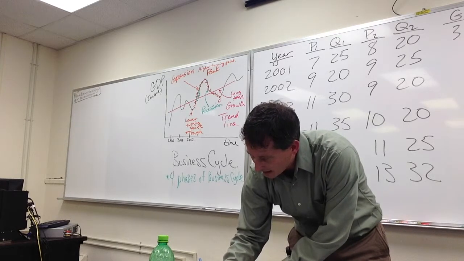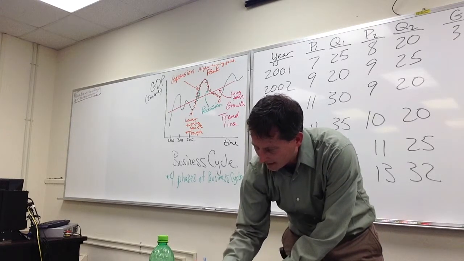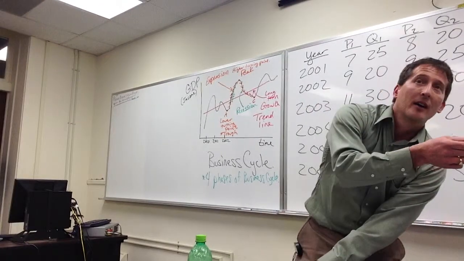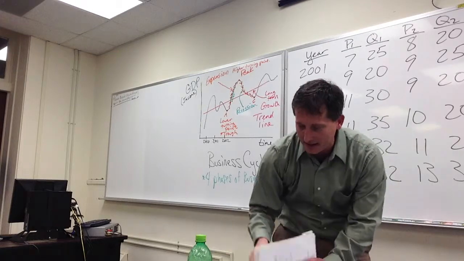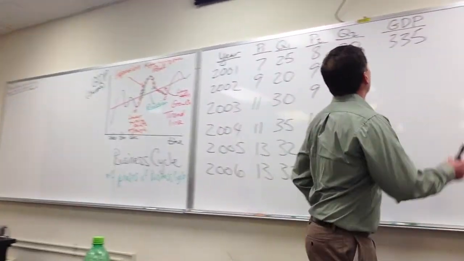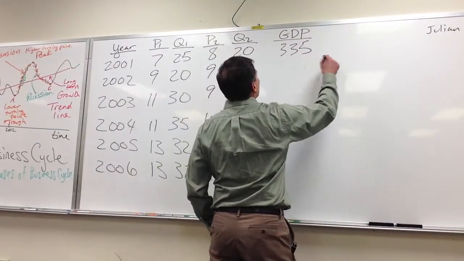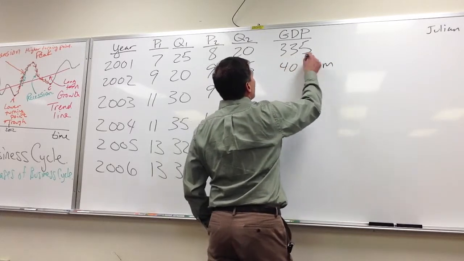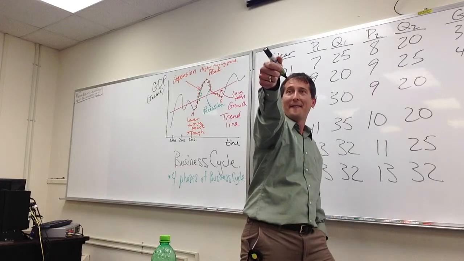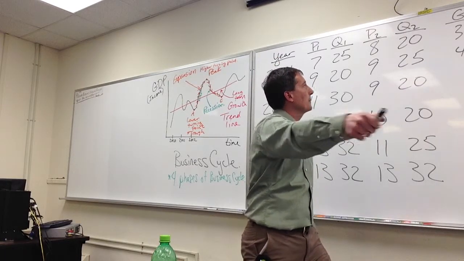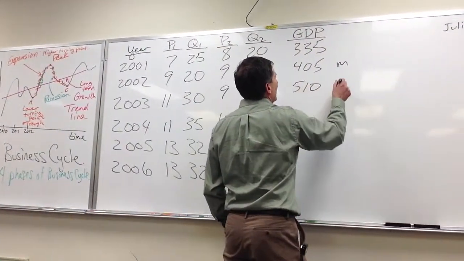All right, so Jesse, 335, if you're right. Who's my 2002? Michael, 405. So let me just put a little M here for Michael. 405. Rachel, 510.